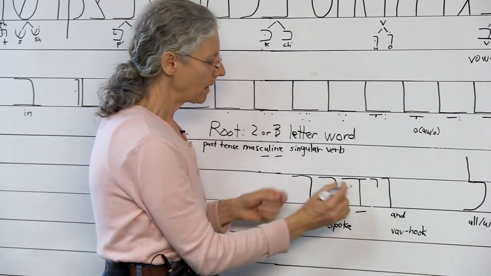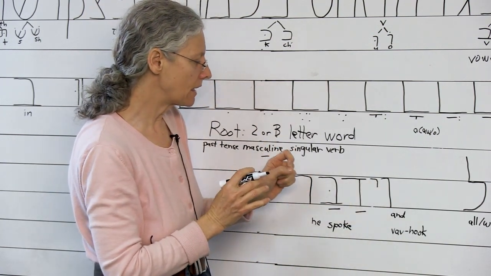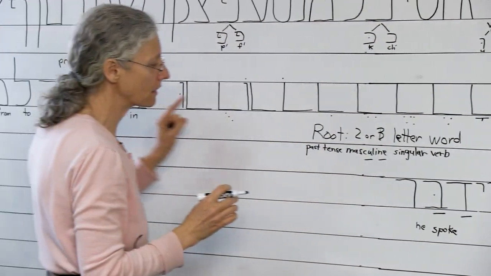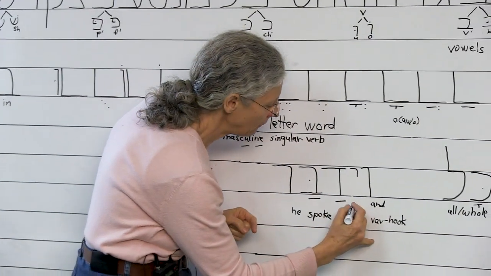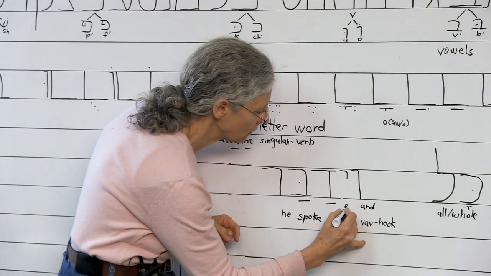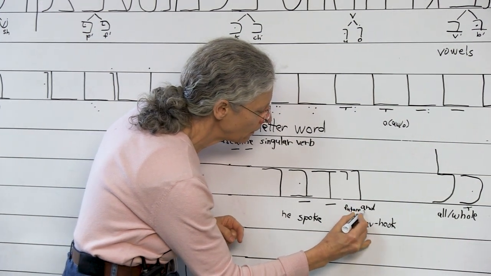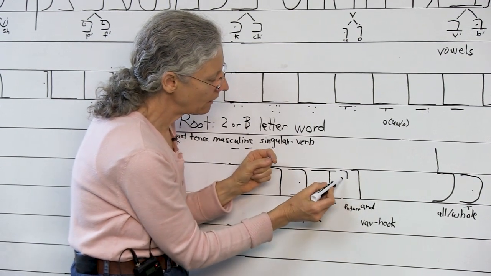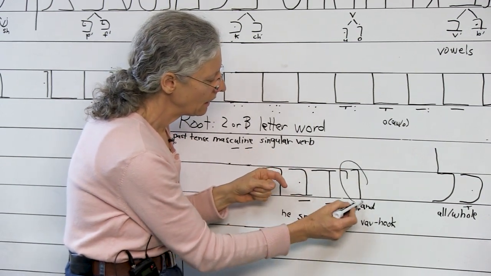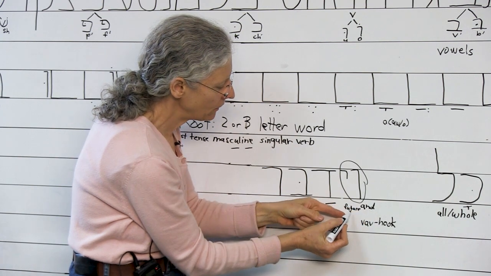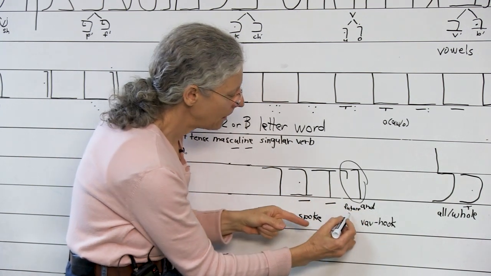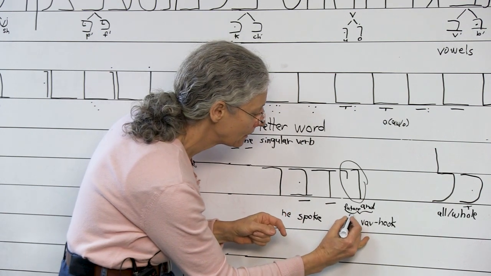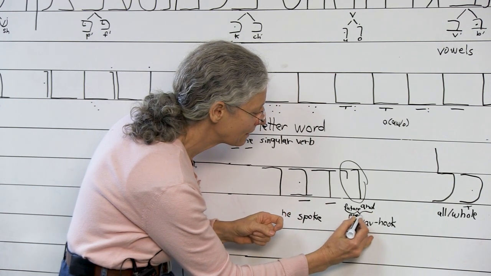The yud has a future tense form. It's not a prefix in the sense that you can make a word out of it, but it does have a sense of future. So when you have these two letters, the vav and the yud together, it's past and future combined, it makes it present tense. Does that make sense to everybody? Yes. Okay, present.